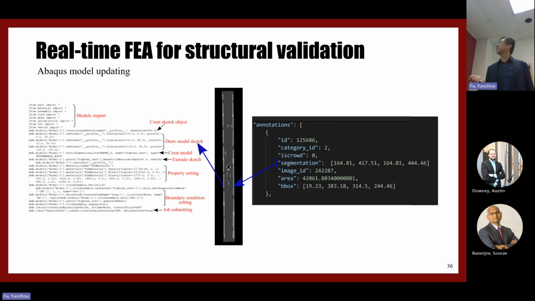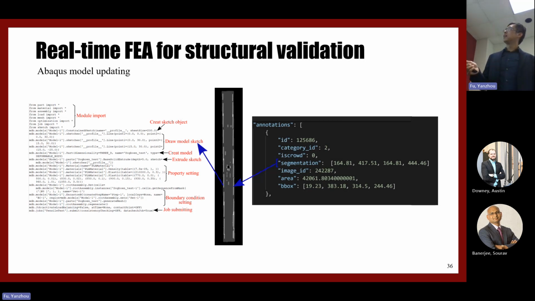So here the figure on the right is the image segmentation results. You can see it has the category ID and the segmentation. This is the segmentation result. It will show an array. In our project, we will use this defect list to update the pattern script here.